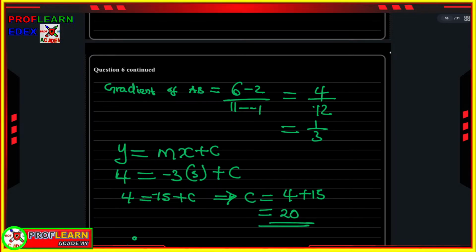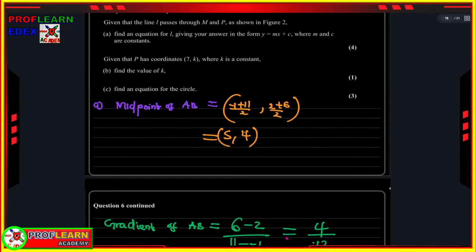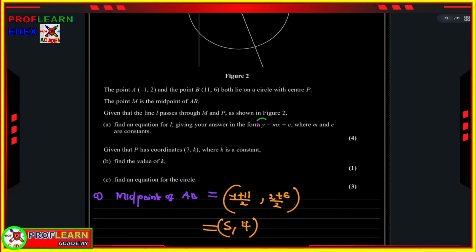Therefore, the equation of that perpendicular line is going to be y equals -3x plus 19, in the form y equals mx plus c.